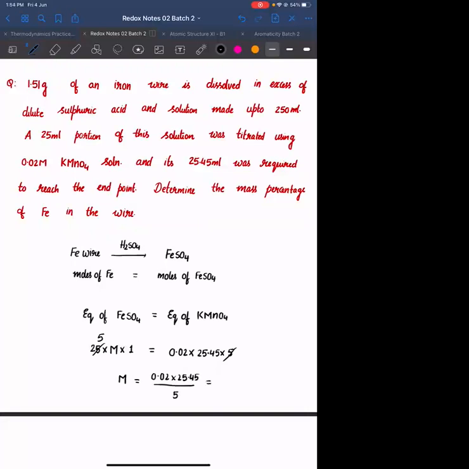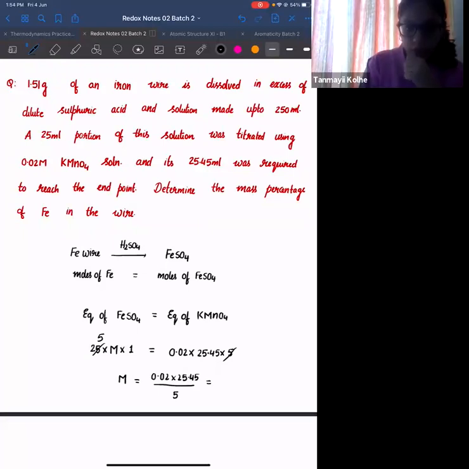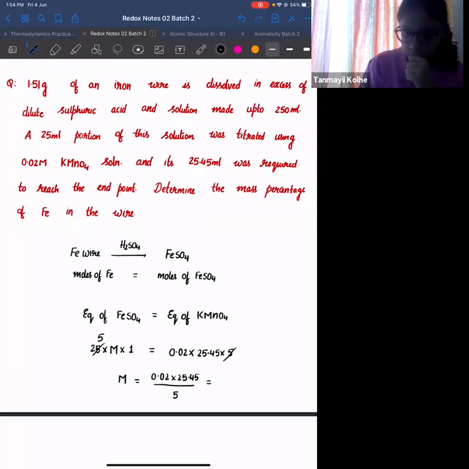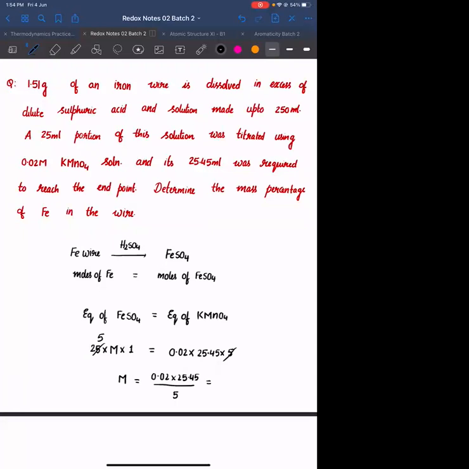How much did you get? 0.1018. Others, please cross check. 0.02 into 25.45 divided by 5 gives 0.1018. Okay. This same molarity will also hold for the 250 ml solution.